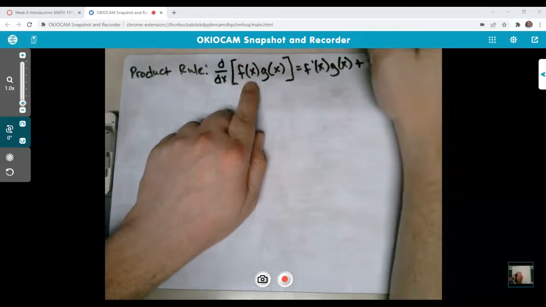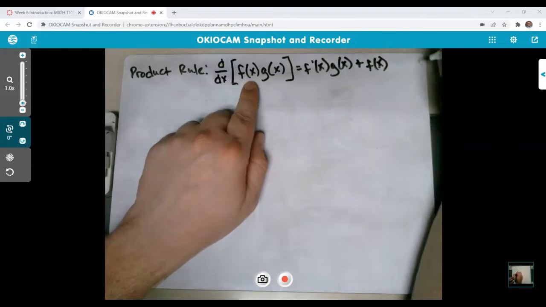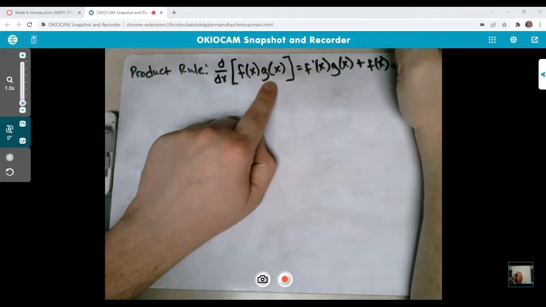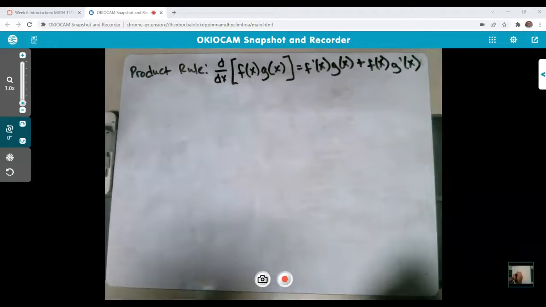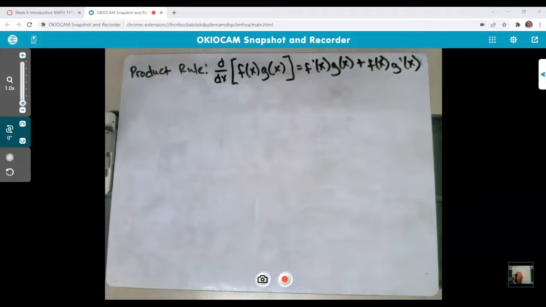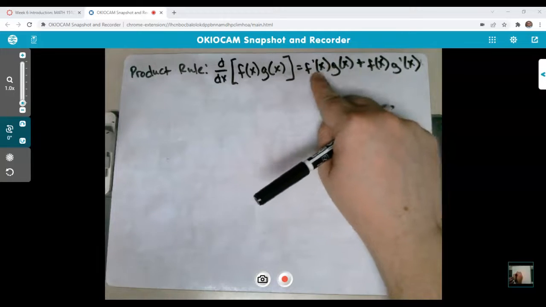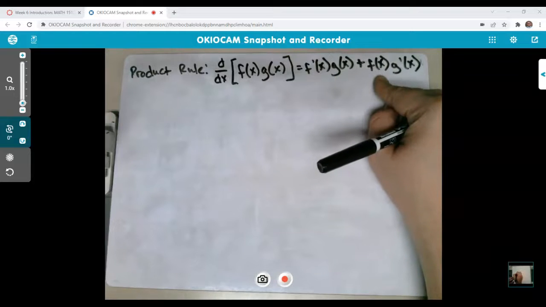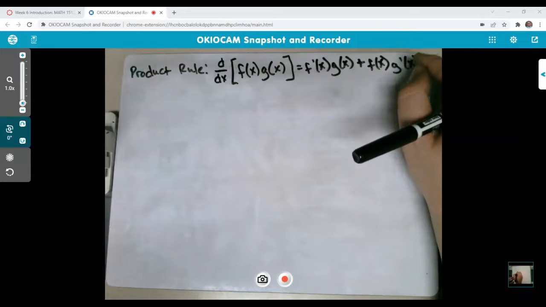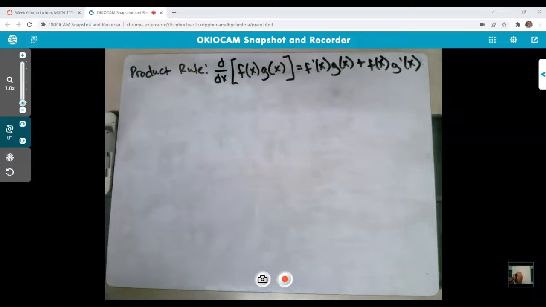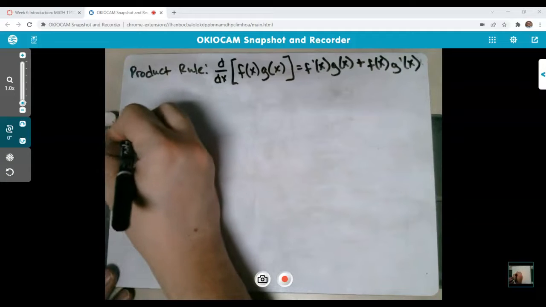Leave this first part, so f of x, times the derivative of that part, g prime of x. Again, I do this when I'm doing the derivative of a product. Do the derivative of the first part, leave the second part, then leave the first part, do the derivative of the second part. So let's do some examples of that.